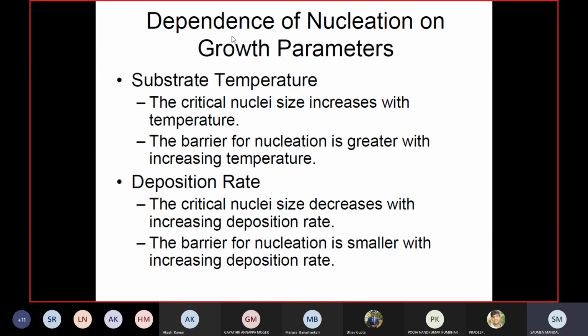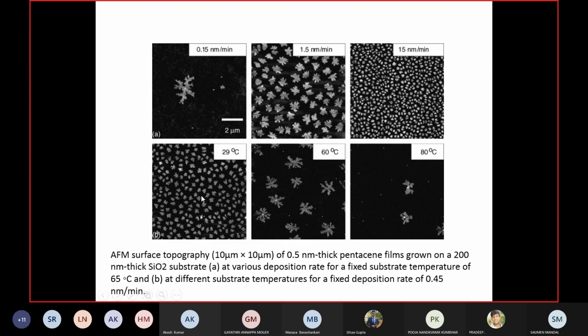Now, come to the substrate temperature: critical nuclei size increases with temperature. What does it mean? In these three cases, the deposition rate is fixed at 0.45 nanometer per minute. But if we increase the substrate temperature in physical vapor deposition, you can see that at lower substrate temperature, the critical radii is less.